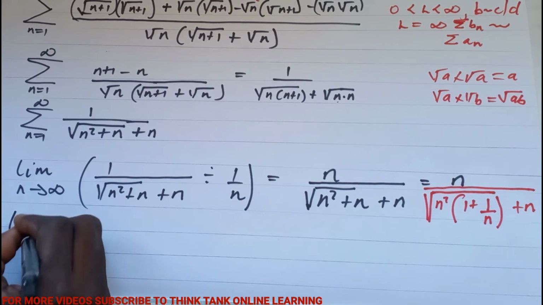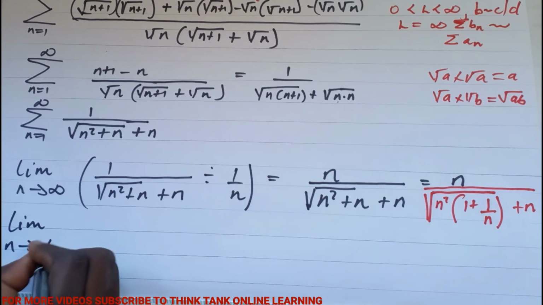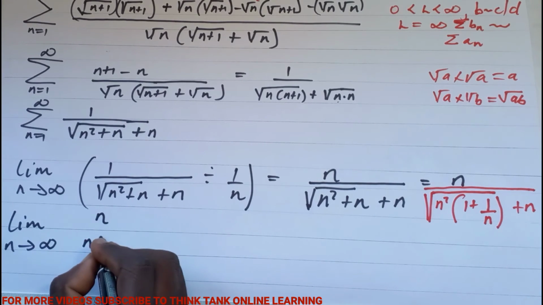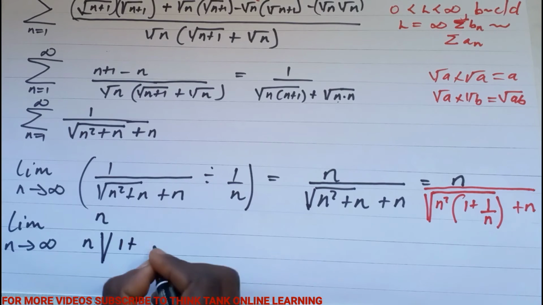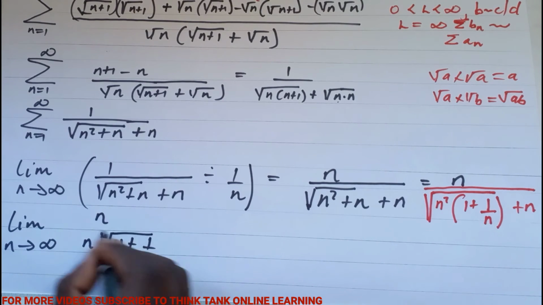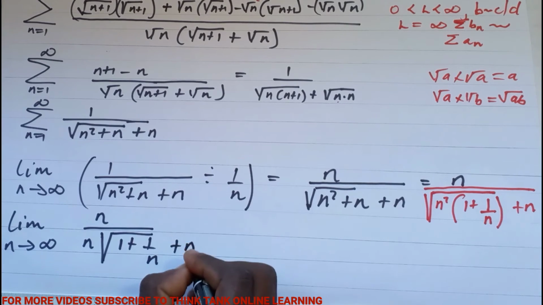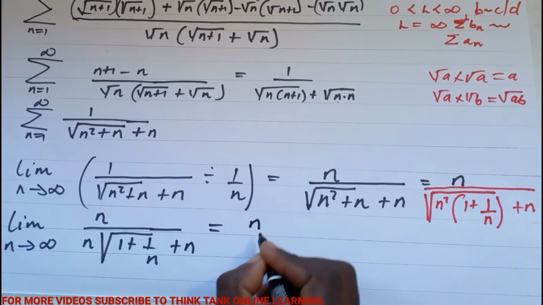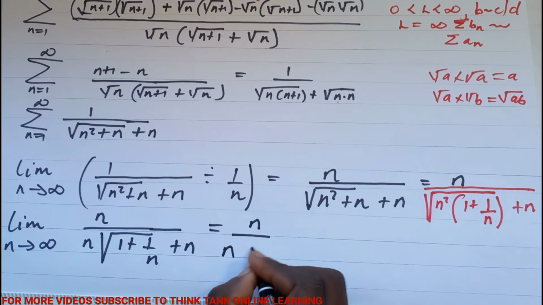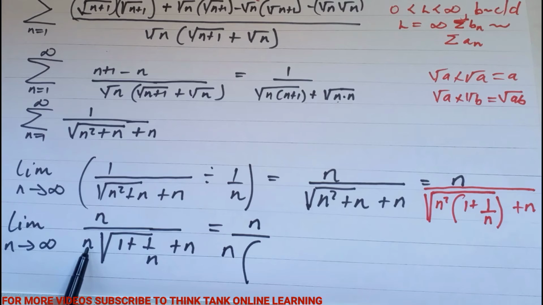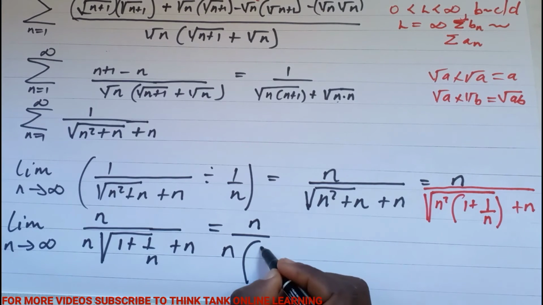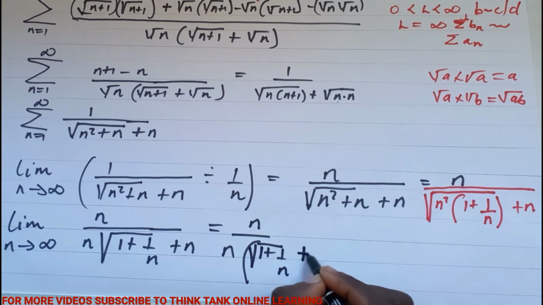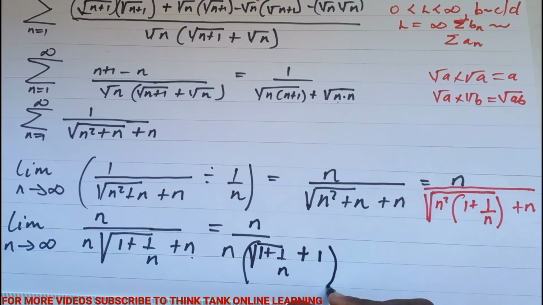So I'm going to say limit as n approaches infinity of n over n times the square root of 1 plus 1 over n, plus n. This is the same as saying n over n. Now I'm going to factor out n. From this, I'm going to be left with 1 plus 1 over n, still with the square root, plus, what about here, 1.